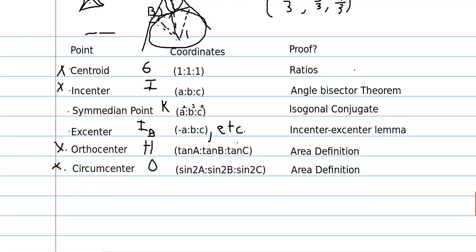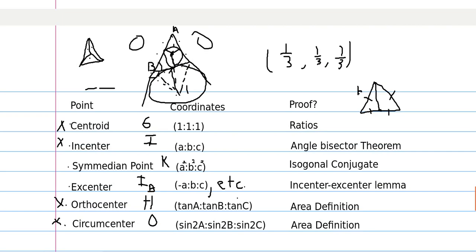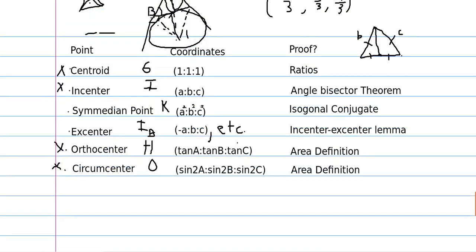The angle bisector theorem states that if you have a triangle and its angle bisector that hits here, the ratio of these two sides is equal to the ratio of these two sides, and that would just be like B and C. We can use our 3 ratios, because that's true for each angle bisector, and the incenter is the intersection of each angle bisector. So we have 3 symmetric ratios, and we can put those together into a point.